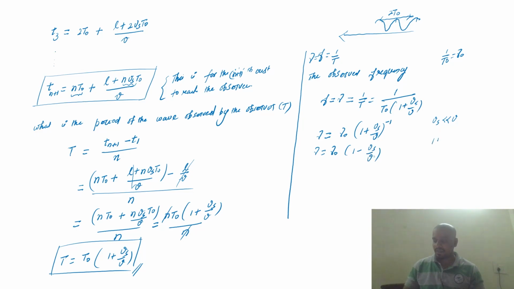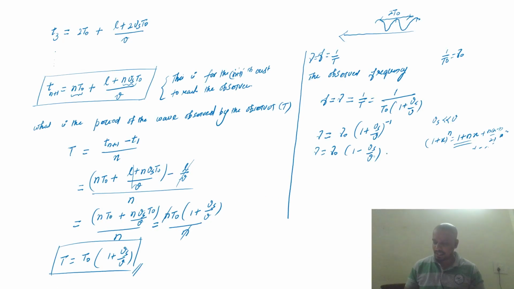Already we know the binomial expansion: 1 plus x whole power n equals 1 plus nx plus n into n minus 1 by 2 factorial x square, and it will go like that. So we can approximate up to the second term when this ratio Vs by V is much less than 1, because the source velocity is less than the velocity of the sound.